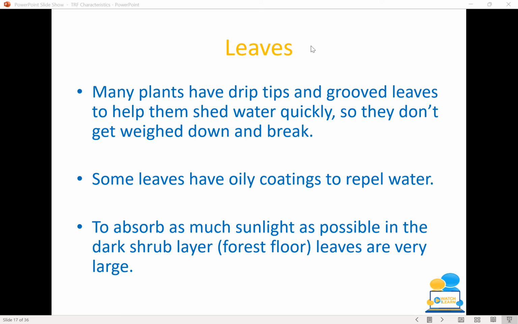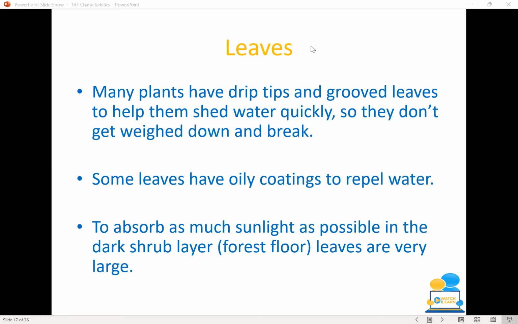So the big benefit of drip tips and grooved leaves is that they funnel the water off and don't get weighed down and break. Some leaves also have oily coatings, and this again repels the water and stops them getting weighed down.